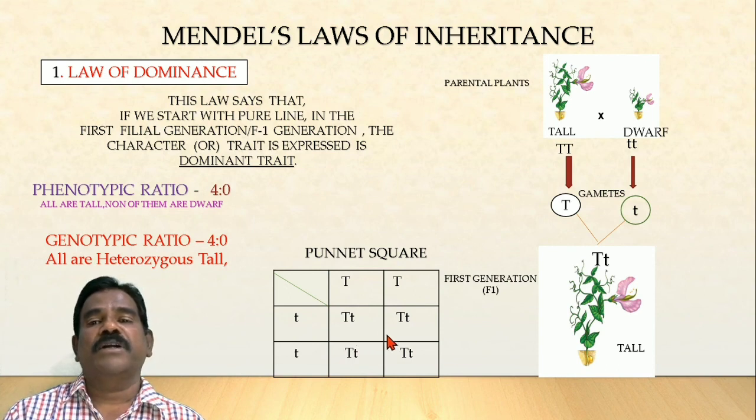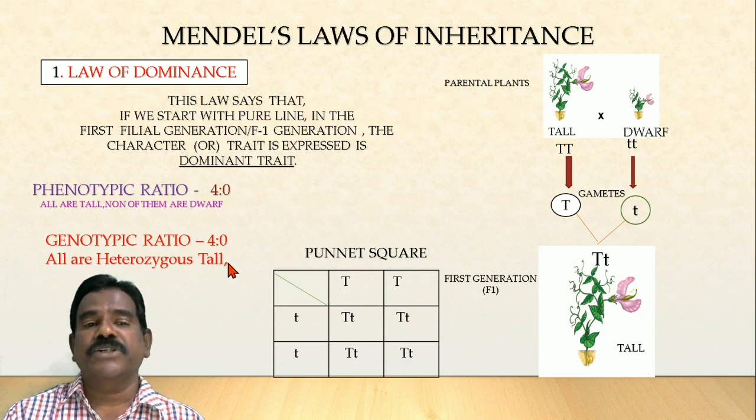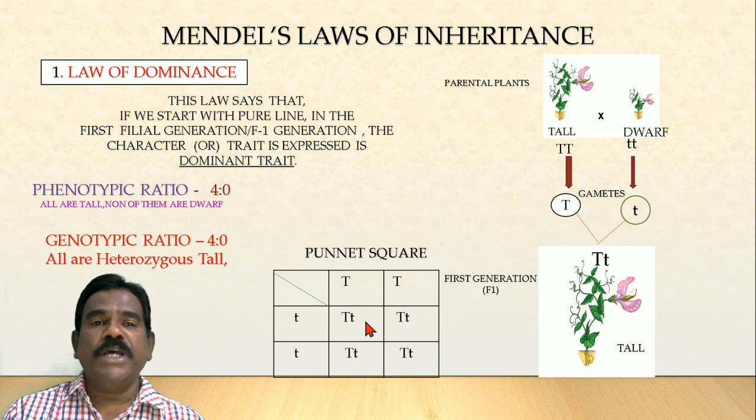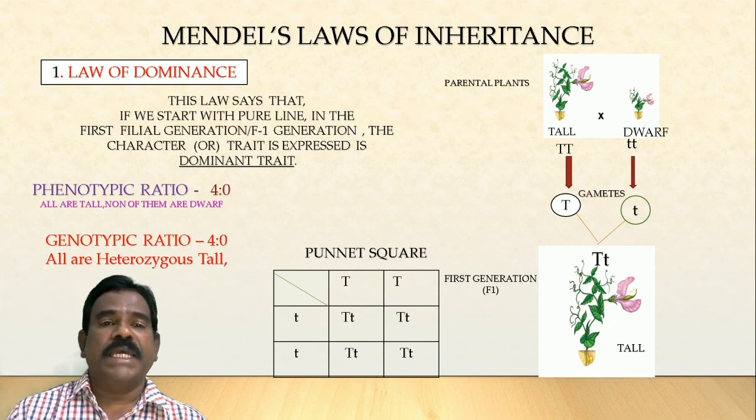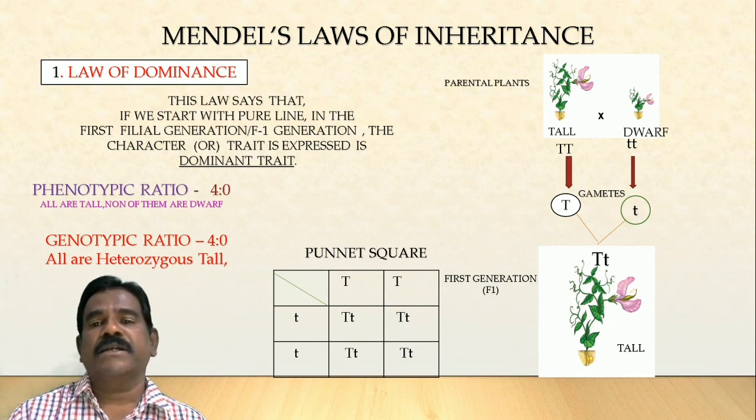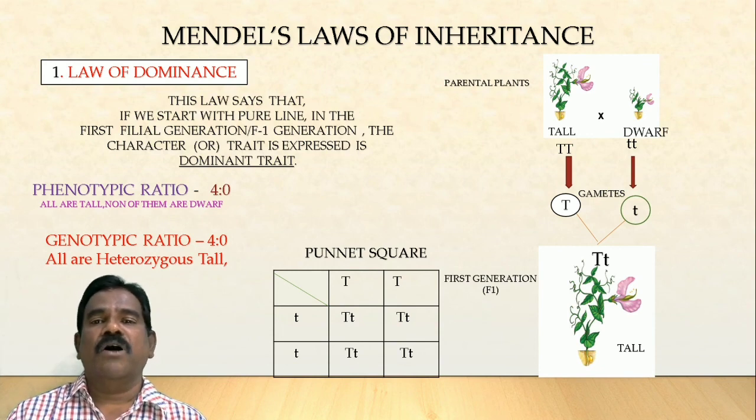None of them is homozygous. So the genotypic ratio is 4:0, all are heterozygous tall. Based on these observations, we can say the character that was expressed in the F1 generation is dominant. So this is called the law of dominance.